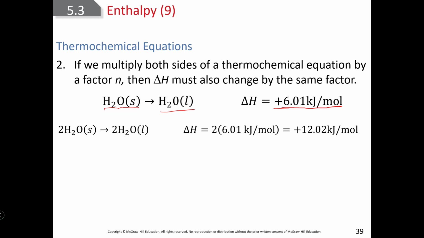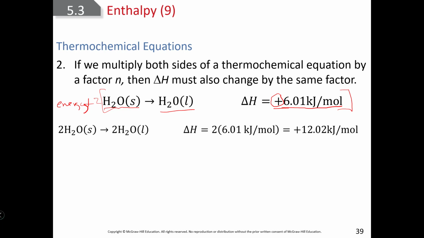How do you know for sure? Well, if you got a positive value, it's endothermic. Or if you see the energy on the reactant side of the balanced chemical equation, you know it's endothermic. So what this slide is saying is that if I want to multiply this entire equation by 2, I must also multiply the delta H by 2.